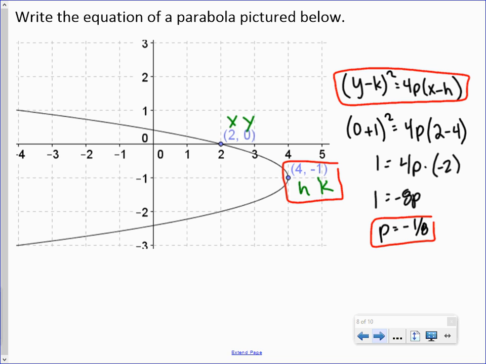This time, don't plug in the 2 and the 0. Leave those out. You only use those to find the equation. So y plus 1 squared equals, and then I would have to do 4 times negative 1/8, which is negative 4/8, which is negative 1/2, times x minus 4.